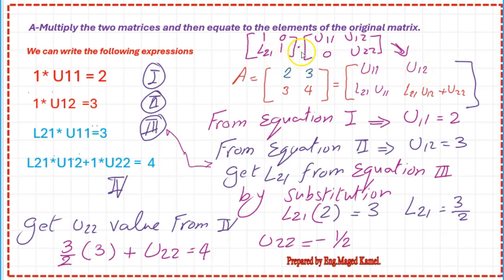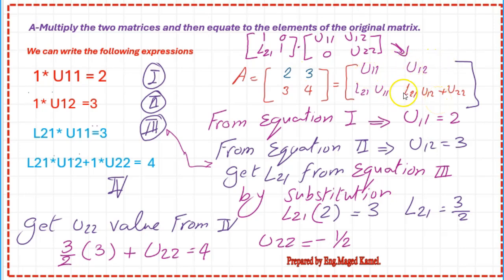When we multiply the second row by the first column, we have L21 times U11 plus 0, which will be here. And L21 times U12 plus U22 will be here. Basically, each element of this matrix equals each element of the product matrix.